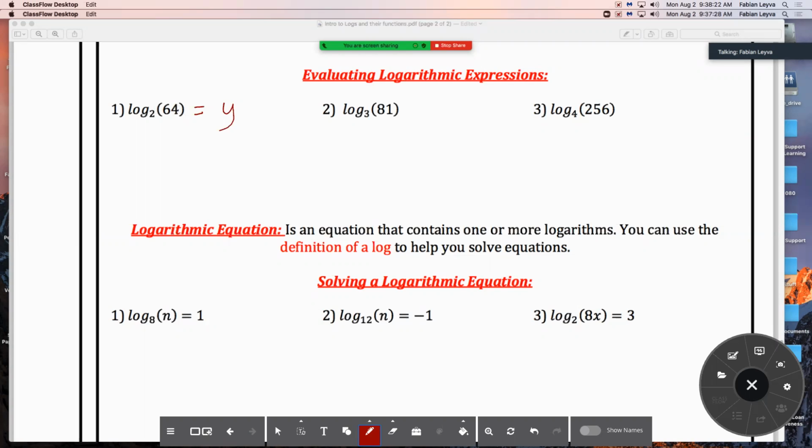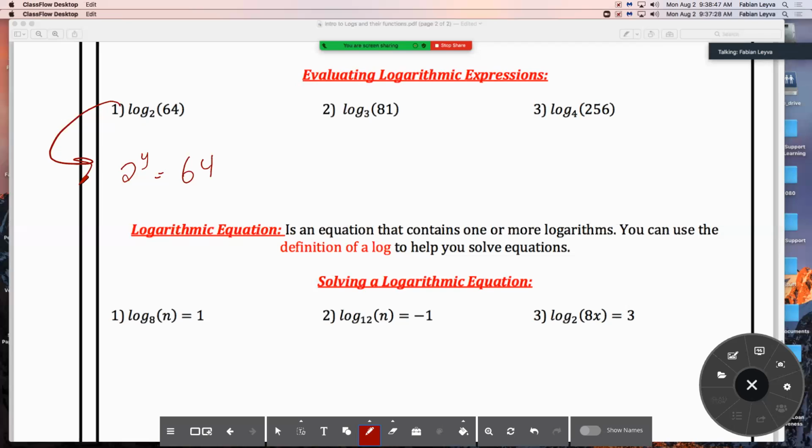I am saying here, okay, I want to figure out what log base 2 of 64 is. It's equal to y. Now, if I were to change to exponential, I know I'm going to have a base of 2 raised to the y is going to be equal to whatever I'm taking the log of, which is 64. So notice what I did there is just change things a little bit. You need to train your mind, and you will with more practice, to make a connection between these two.